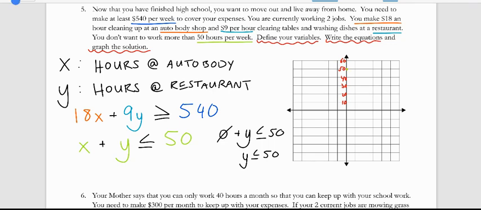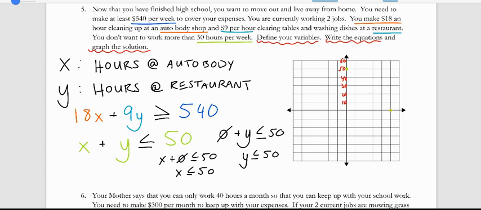To find the x-intercept, just plug in 0 for y. So the same deal, I'm going to put in x plus 0, less than or equal to 50. Of course, this goes away. So x is less than or equal to 50, and my x-intercept is going to be at 50 as well.